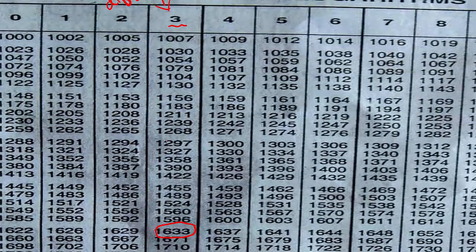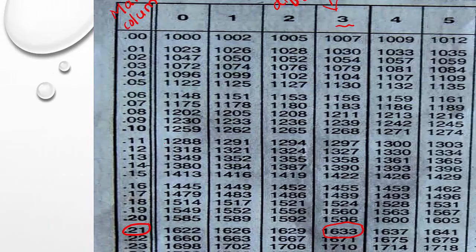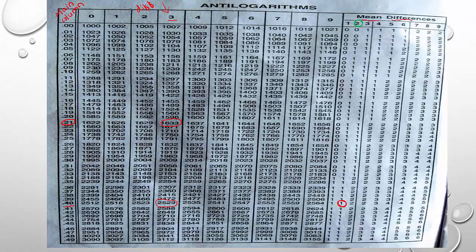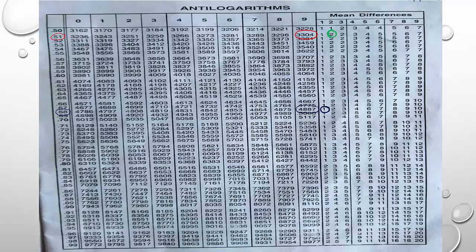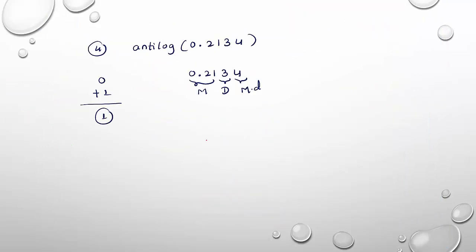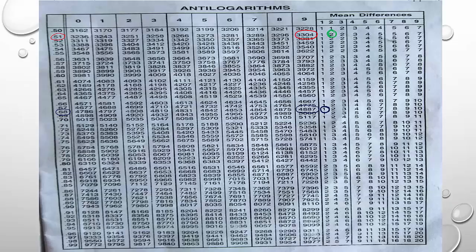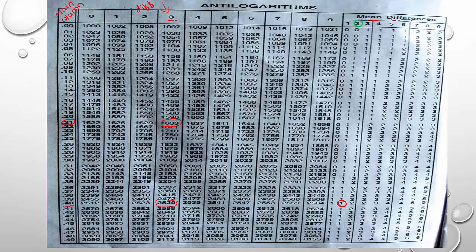Here it is 3 in the difference column and 0.21 in the main column. What is the number? 1633. We can write it here, 1633, plus the number we have to observe in the mean difference column at 4.